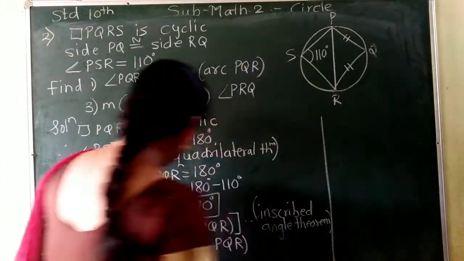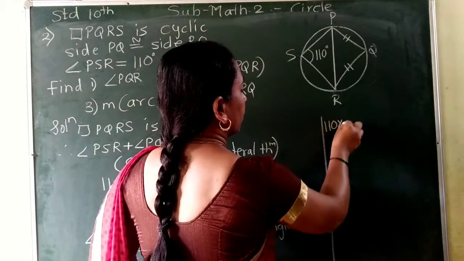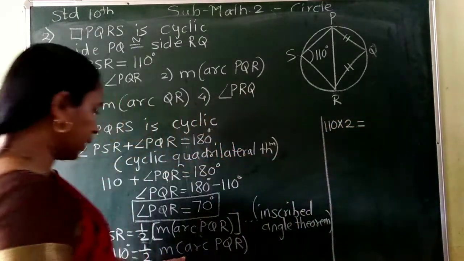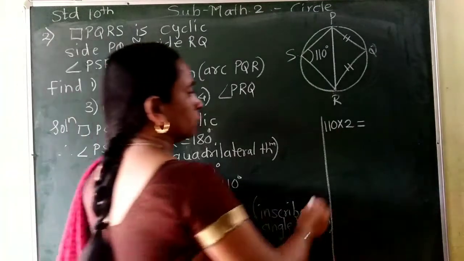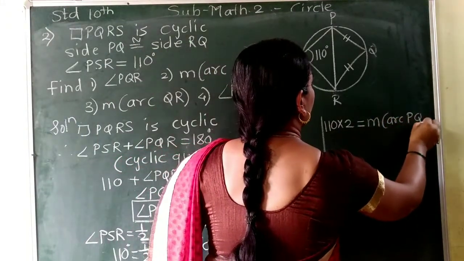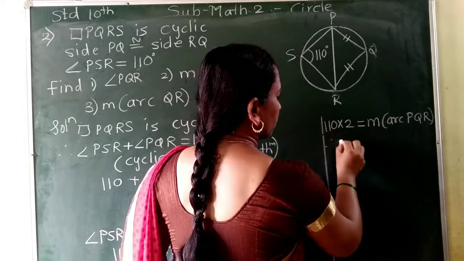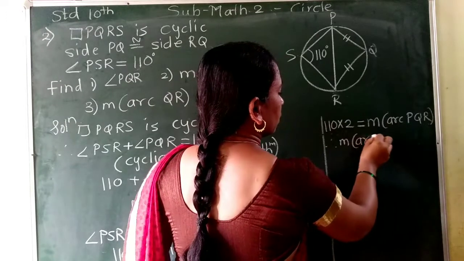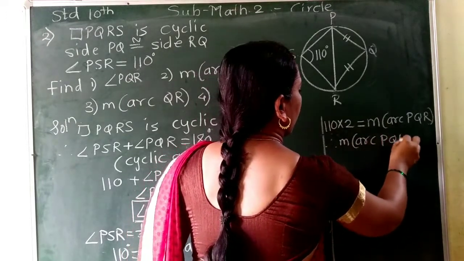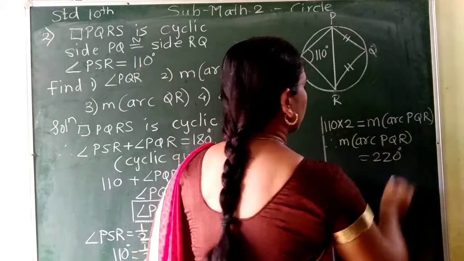So we will get 2 if it comes on this side. So 110 multiplied by 2 is equal to the measure of arc PQR. What is the multiplication? So measure of arc PQR is equal to 220 degrees.